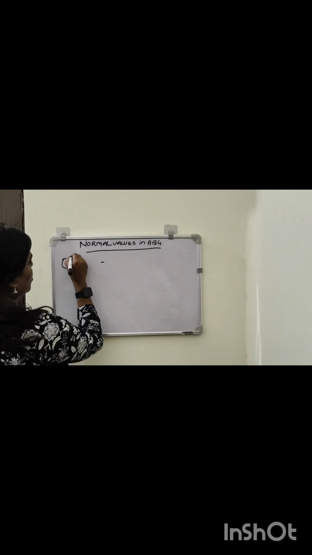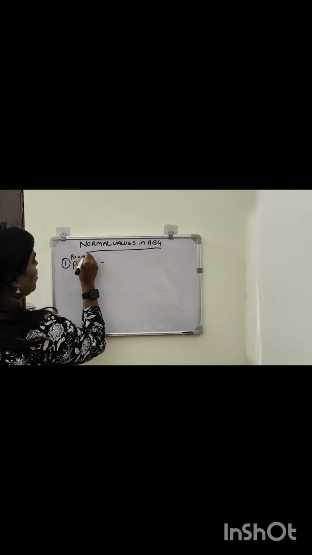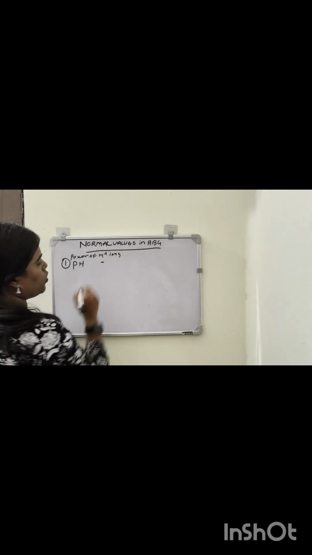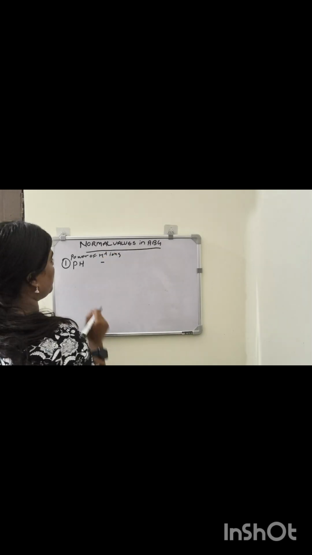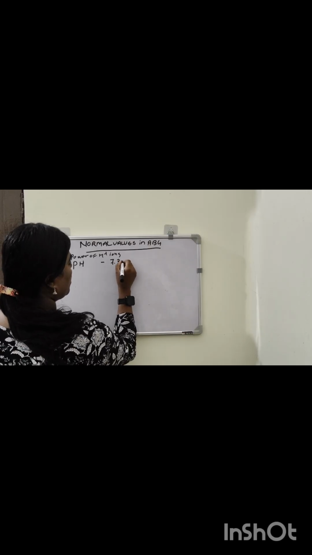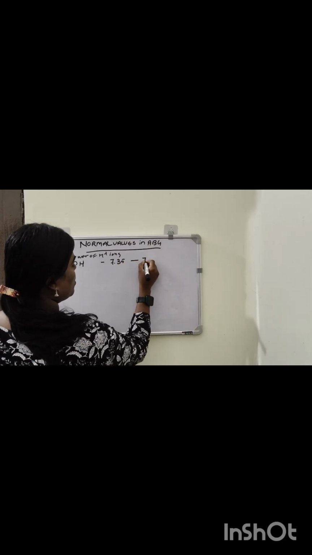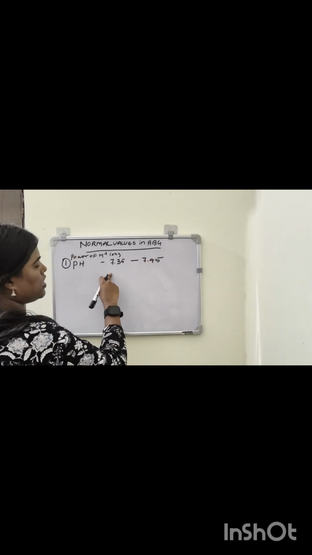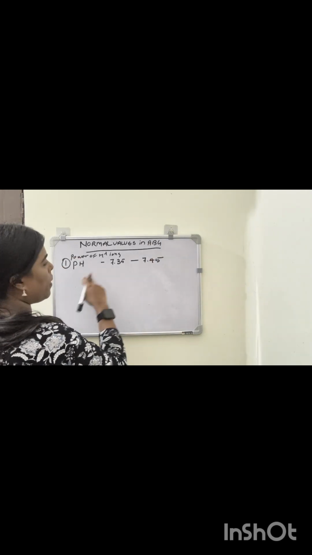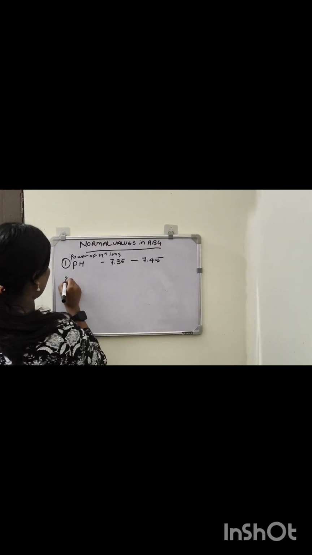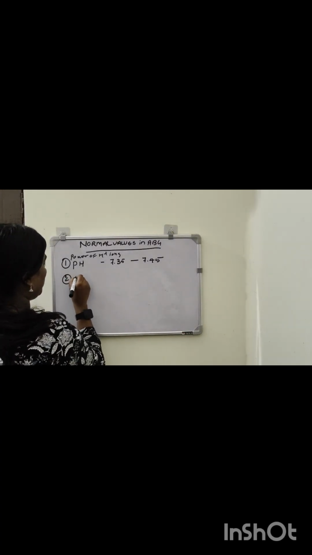So, the value of the power of hydrogen ions is 7.35 to 7.45. This is the normal range of power of hydrogen ions. That means pH.